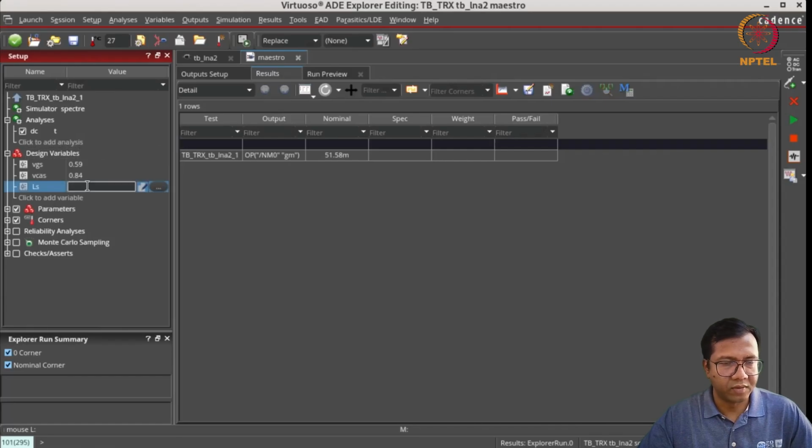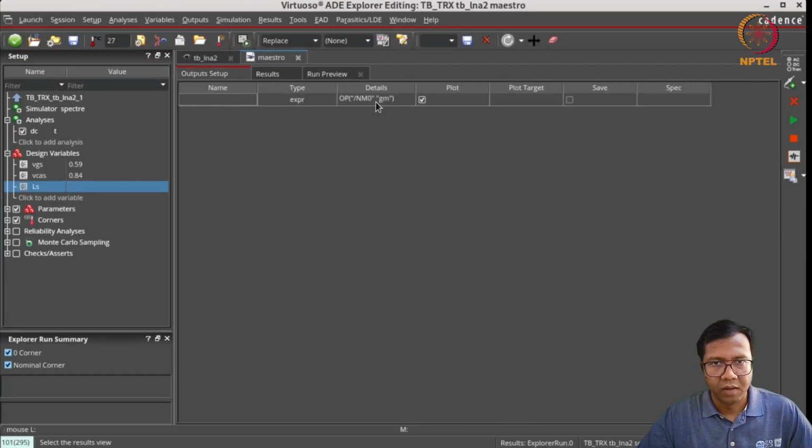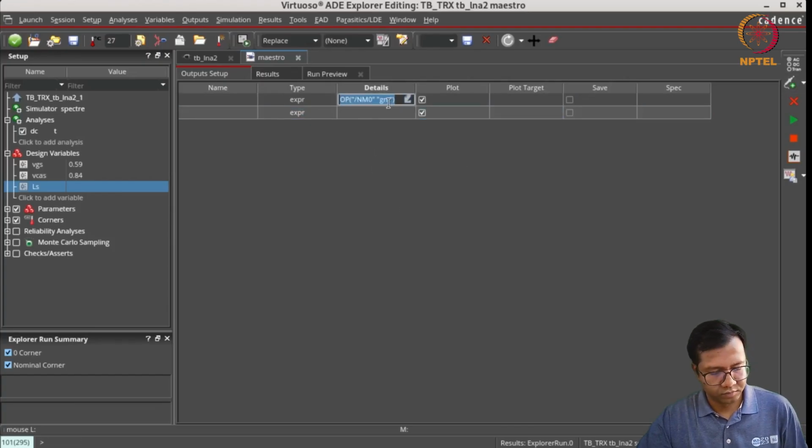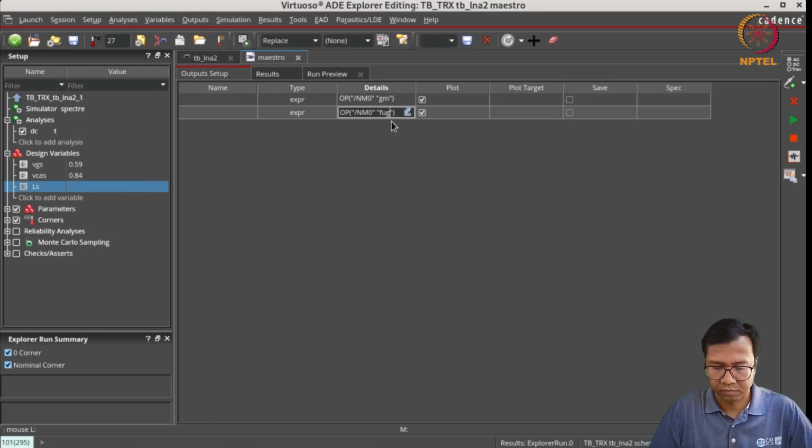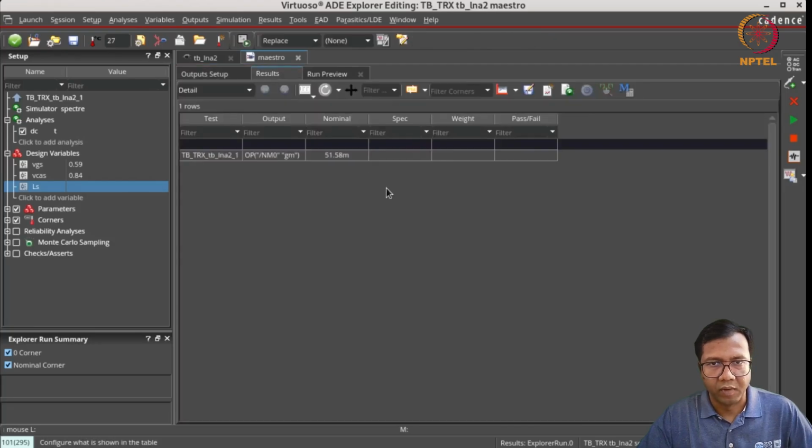So this LS value depends on the FT of this MOSFET. So let us just find out what is the FT of this MOSFET. The model has a parameter called FUG, which gives the FT of the transistor. So here we are getting an FT of 105 gigahertz.